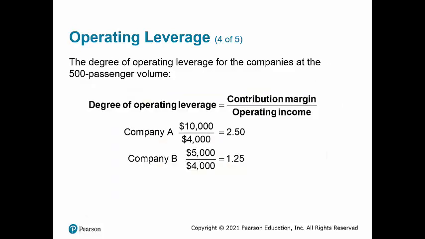The degree of operating leverage for Company A is 2.5. This means that the percentage change in operating income will be 2.5 times the percentage change in sales. For Company B, the percentage change in sales will have a lesser effect on operating income at 1.25 times the change.